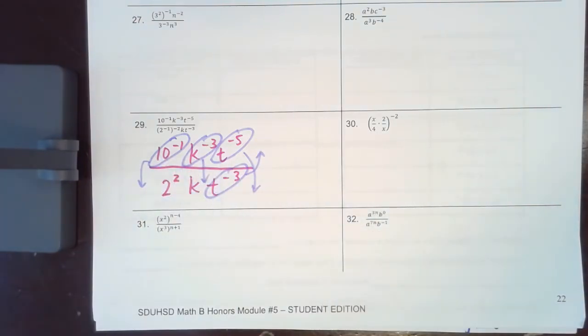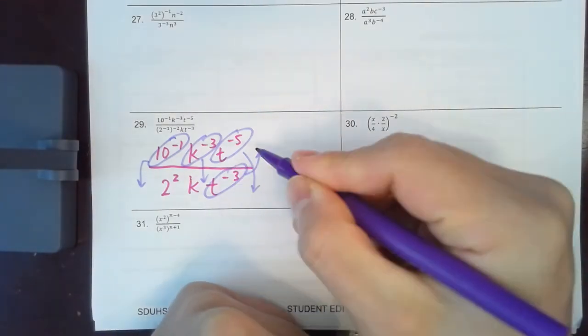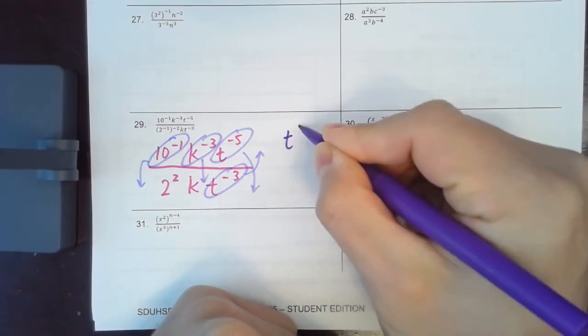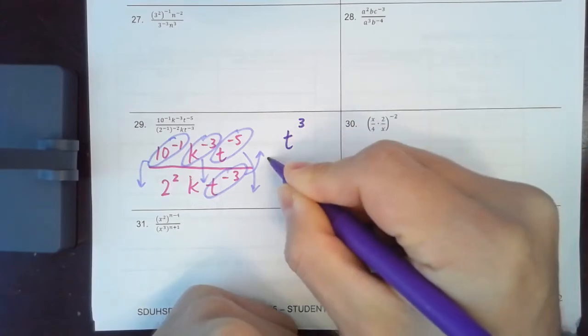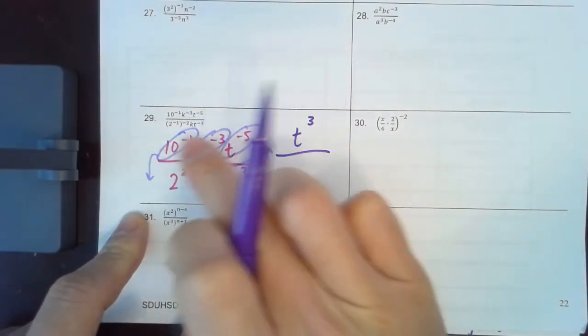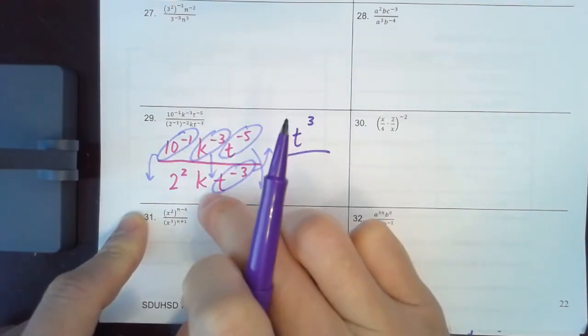There's only one term on the top. It's kind of funny, only one term got switched back to the top, and that's t to the negative 3. So I'm going to write t to the third because it's positive now. And all three of these terms on the top were switched to the bottom.